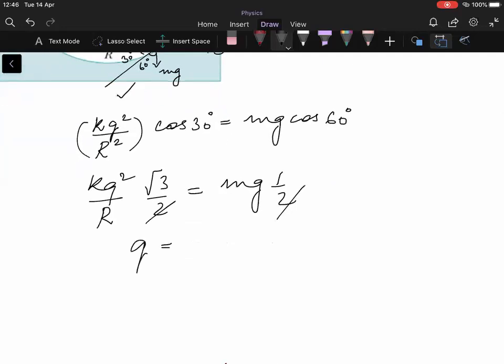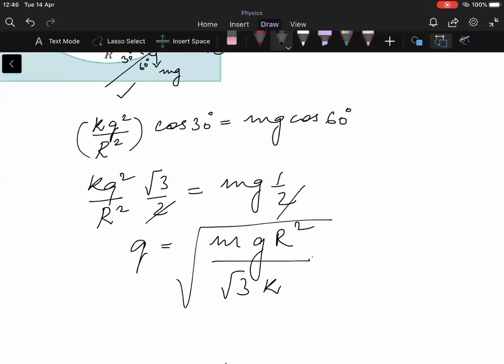So q will be equal to, this is r square mg r square upon root 3 whole under root. Okay, this is how you are going to solve it.